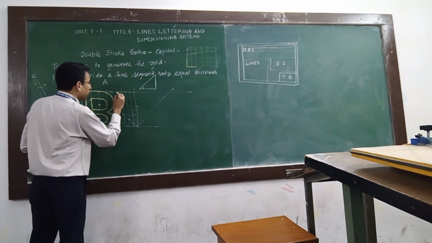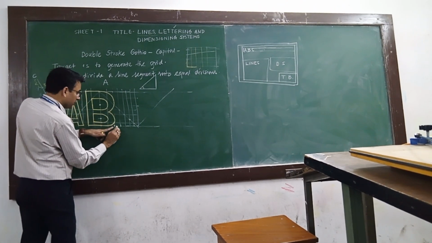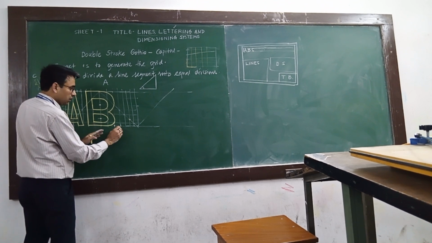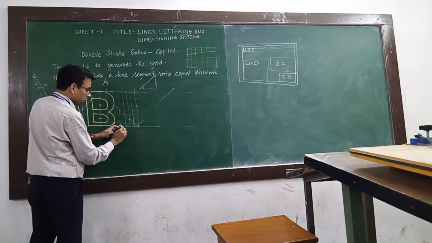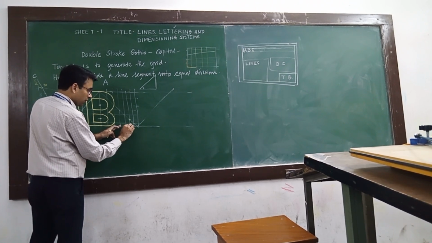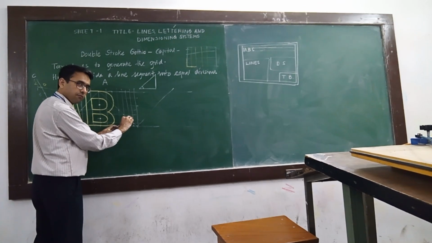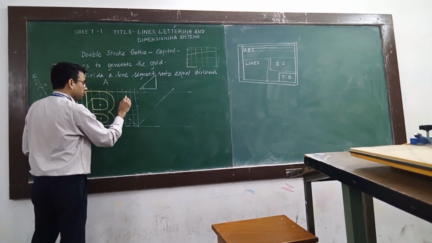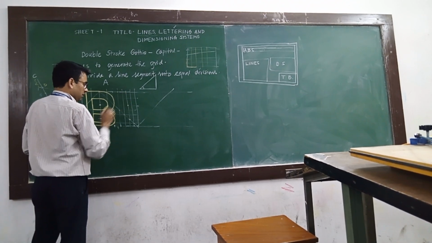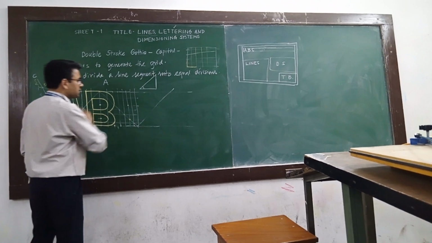Clear? And from this 1 unit, that means after leaving 1 unit after B, C will start here and it will end here. So from this point, 1 unit, 2 unit length, and then 1 unit, 2 unit length here. Clear? Similarly, from here, 1 unit, 2 units line segment, then again 1 unit, 2 unit line segment here. Clear? So that will be the center.